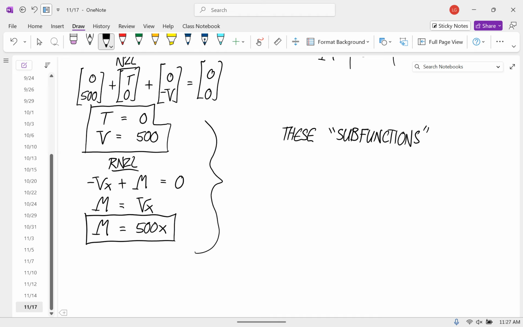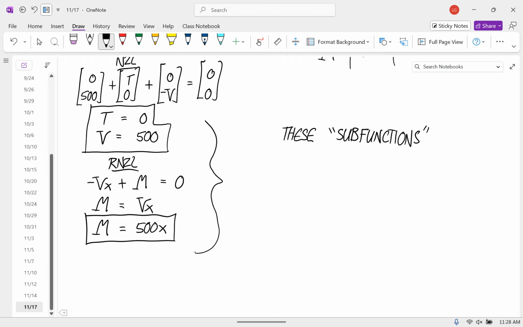A subfunction is like when you have piecewise functions with the curly brackets, and you have f of x is equal to x squared for x equal this to this, and it's equal to negative x for x equal this to this. Remember doing that in maybe algebra 2 or something? Those individual functions inside the piecewise function, the set of piecewise functions, are called subfunctions.